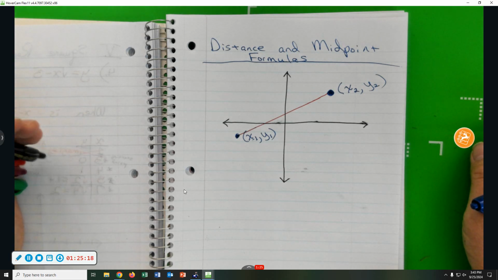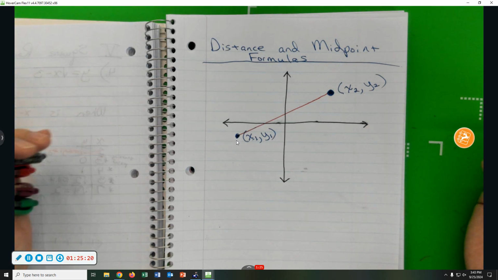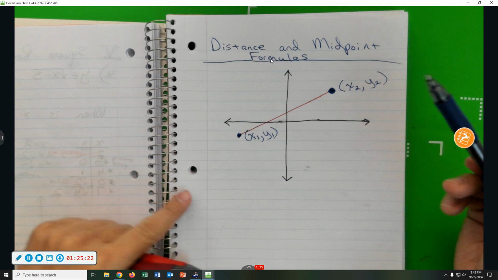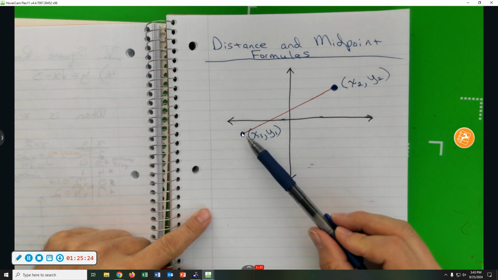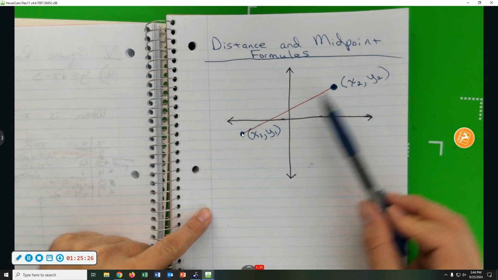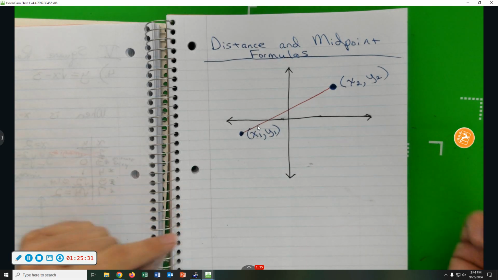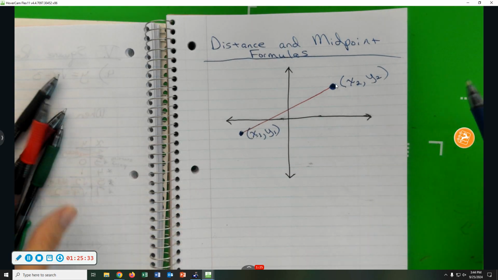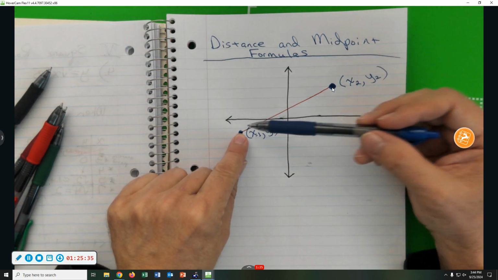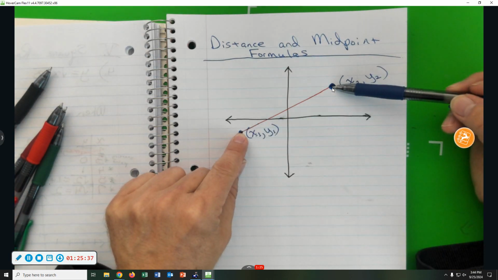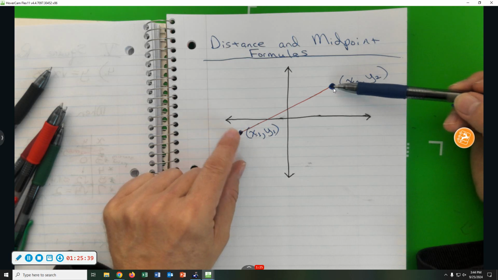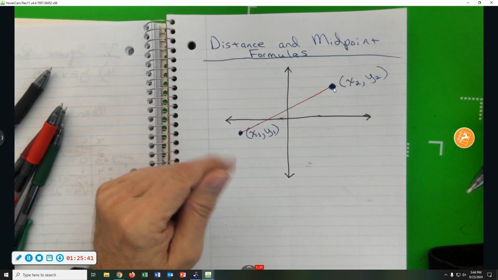Okay. What do y'all think the distance is going to do? The distance formula. The distance tells you the length of the segment connecting those 2 points. When I talk about the distance, I mean the shortest distance. You take the measuring tape, you put it here, you stretch it over here. I guess no one uses measuring tapes anymore.